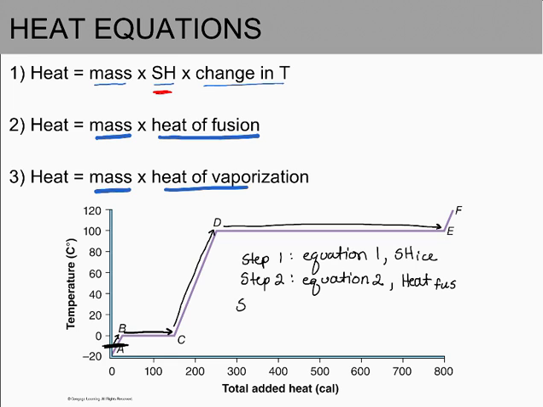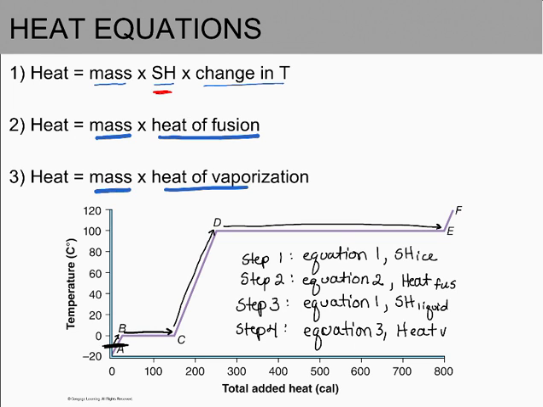In step 3, we're heating the liquid, so we're going to use equation 1 again because we have a change in temperature. But this time we need the specific heat of the liquid. And in the last step, step 4, we're going to use the third equation, equation 3. This time we'll use the heat of vaporization. And again, this is all for water.